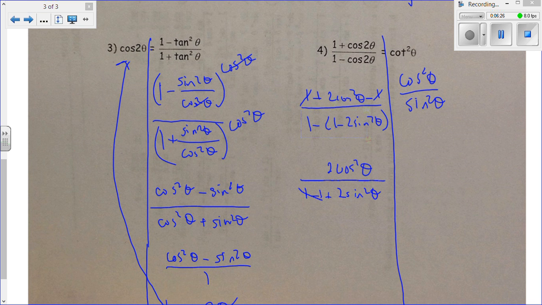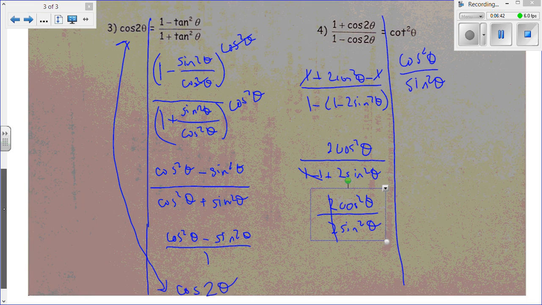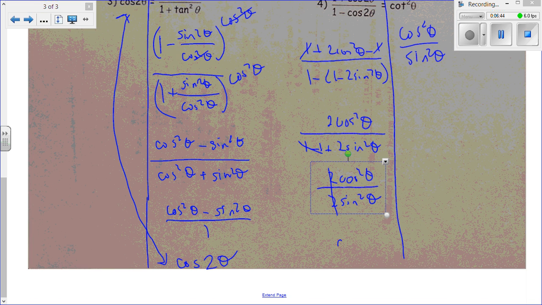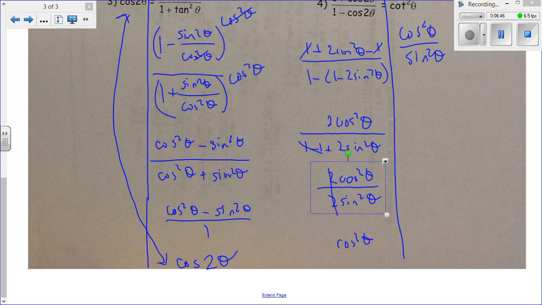And then here my 1's cancel each other out. So I have 2 cosine squared theta over 2 sine squared theta. I'm sure you can see where this is going now. My 2's cancel each other out. So I am left with cosine squared theta over sine squared theta, which is cotangent squared theta, or the fact that we already changed it, doesn't really matter.